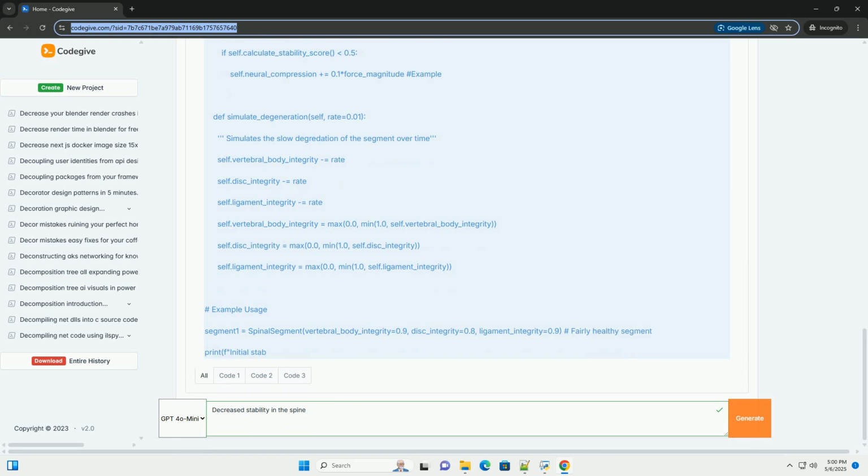While the code example provides a very simplified conceptual overview, it's essential to recognize its limitations. The complexities of spinal stability are vast, and accurate diagnosis and treatment require the expertise of qualified medical professionals. This code is not a substitute for professional medical advice.